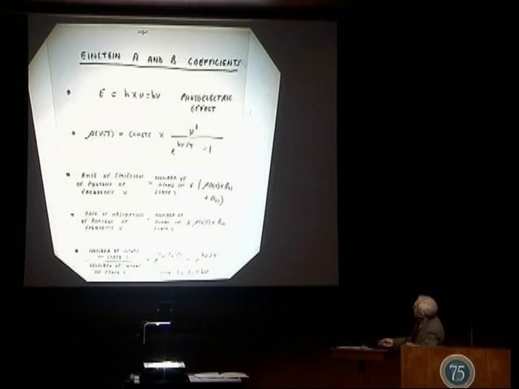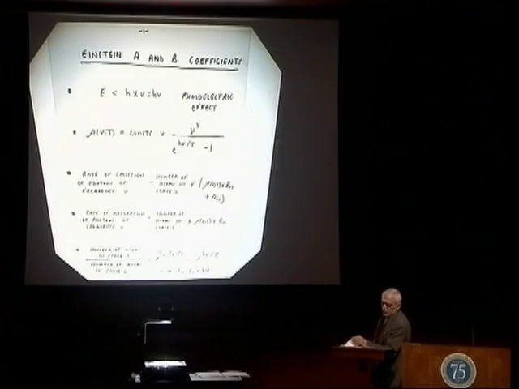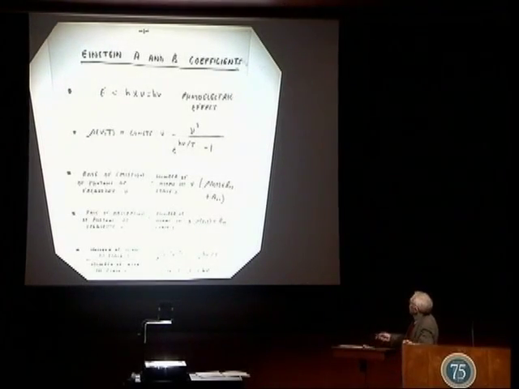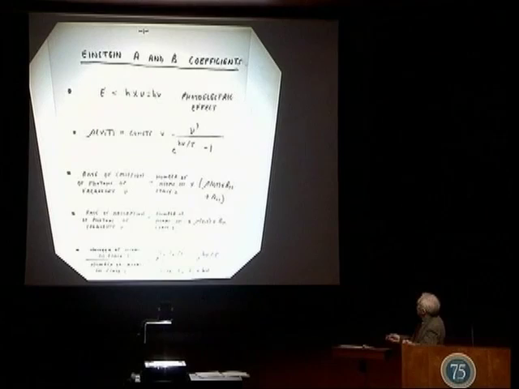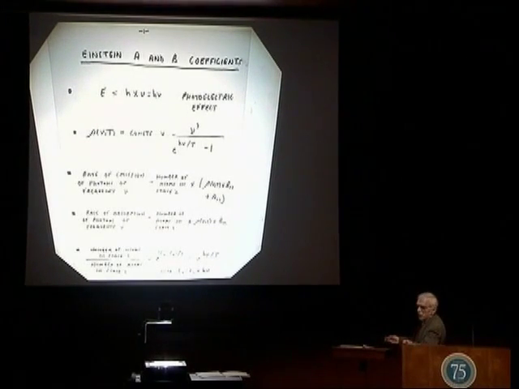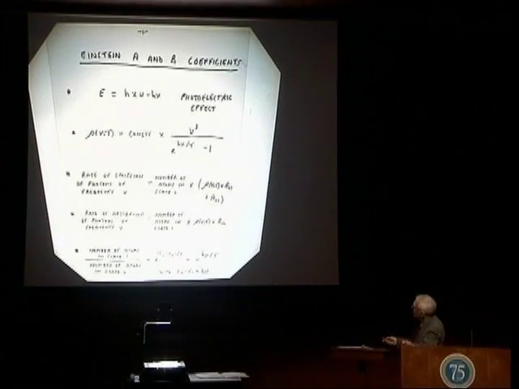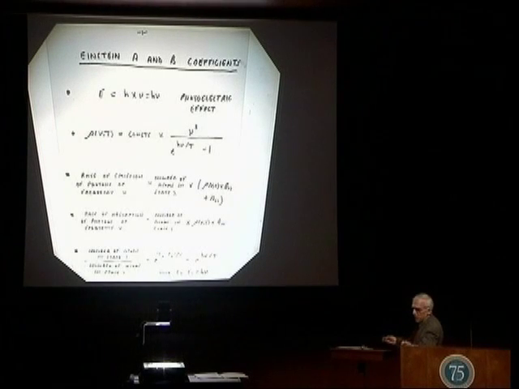Also, the rate of absorption of photons of frequency nu is the number of atoms in state 1 times the number of photons already present in the cavity times a constant reflecting the rate at which the atom can be pumped up from state 1 to state 2.